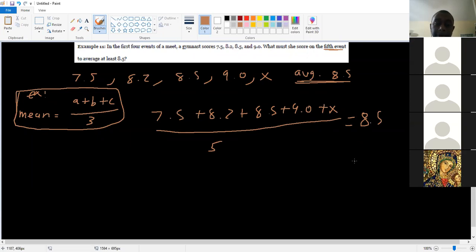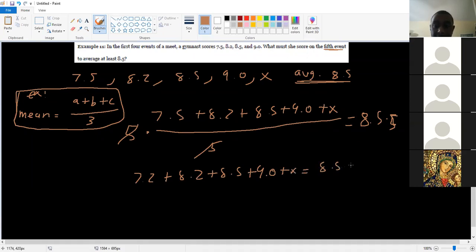So what do we do here? The first thing we want to do is get rid of this fraction. So we just multiply it by 5 so that it cancels out. So we're left with 7.5 plus 8.2 plus 8.5 plus 9.0 plus x equals 8.5 times 5.